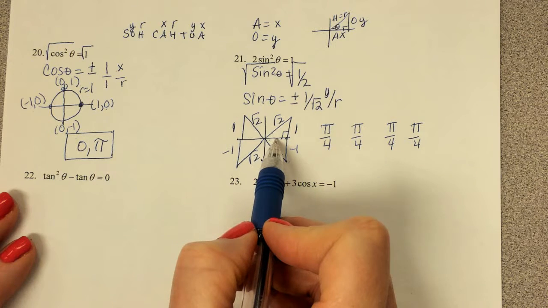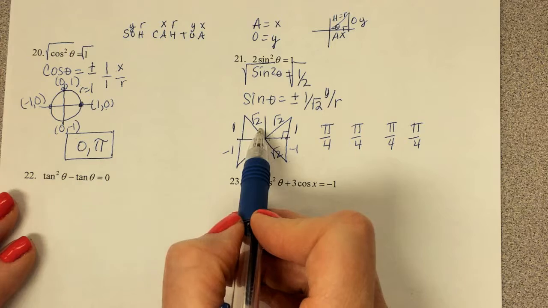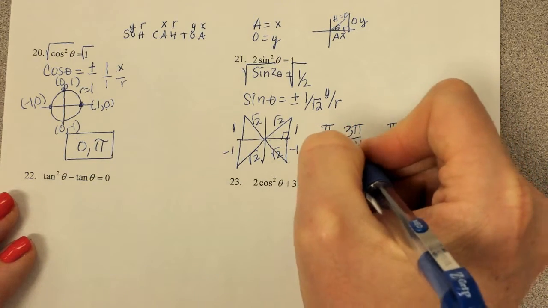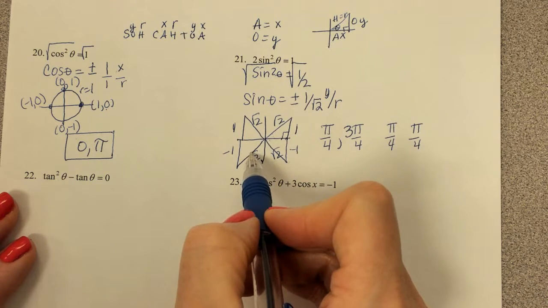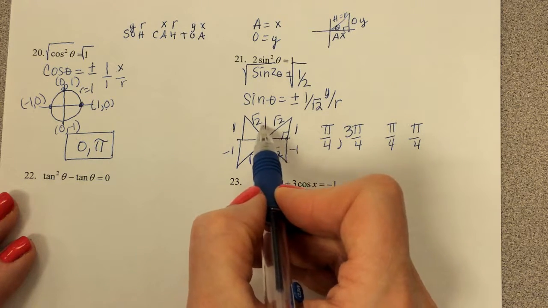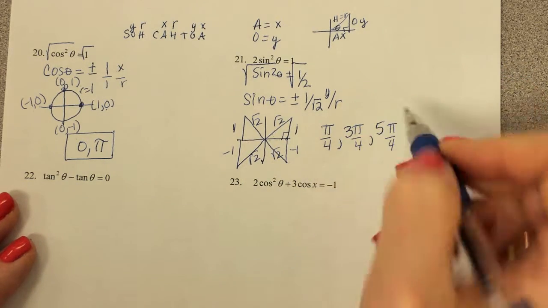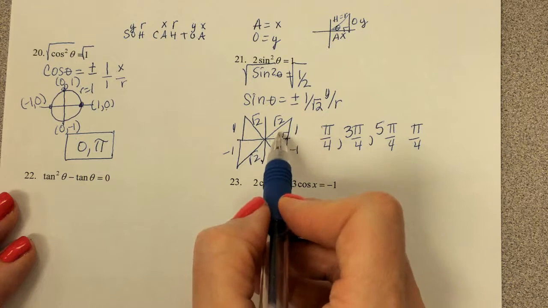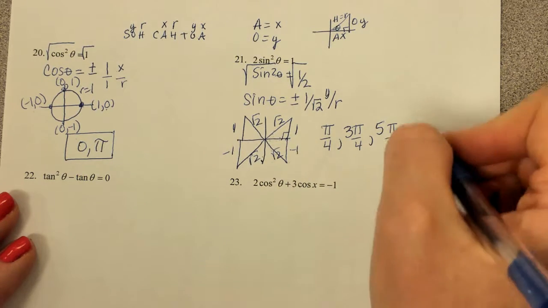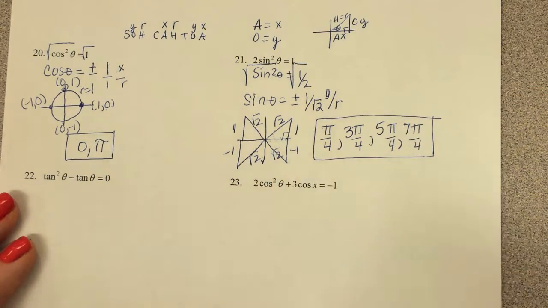If I'm starting here and going over to there, how many 45s is that? 3 of them. If I'm going around to this terminal side, or this radius, it's going to be 1, 2, 3, 4, 5 45s. And if I go all the way to here, there's 1 45, 2, 3, 4, 5, 6, 7 45s. And so that would be our answer.